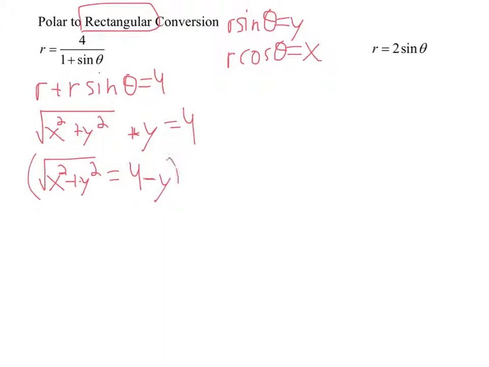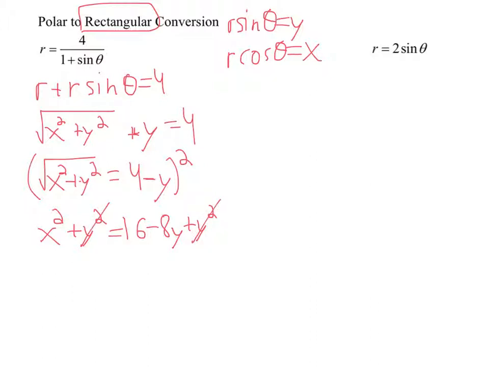And now let's square both sides. So I'll get x squared plus y squared equals 16 minus 8y plus y squared. And what's very nice here is that the y squareds cancel out.